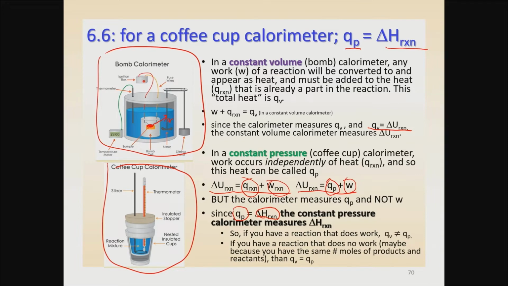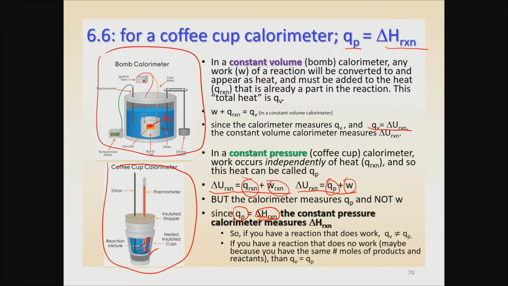On the other hand, when you're at a constant pressure calorimeter, you can have changing volume. That means work will be done in this reaction. But again, the work in this constant pressure calorimeter will not be converted into additional heat. So the heat you measure here is just the heat that is related to the chemical reaction itself, which is going to be equal to the change of enthalpy of the reaction.